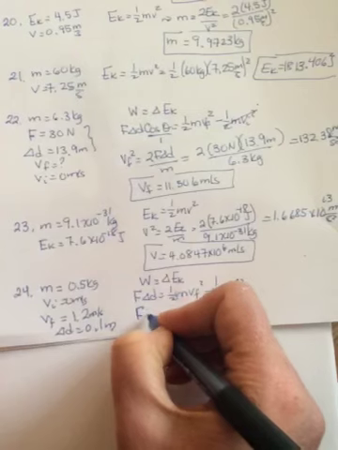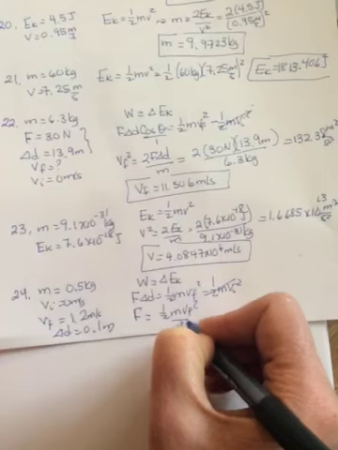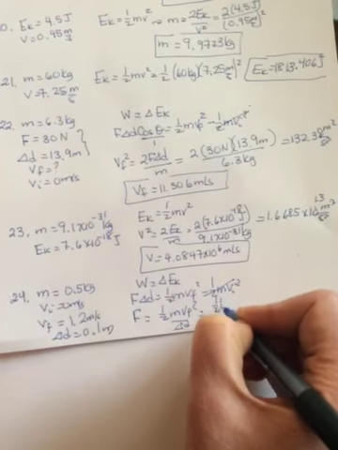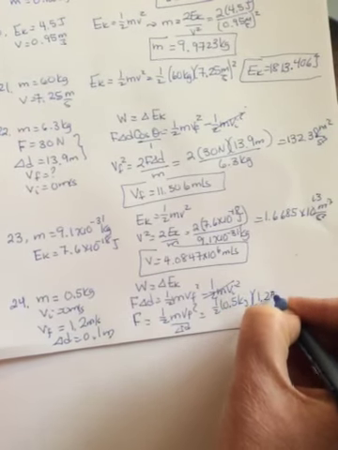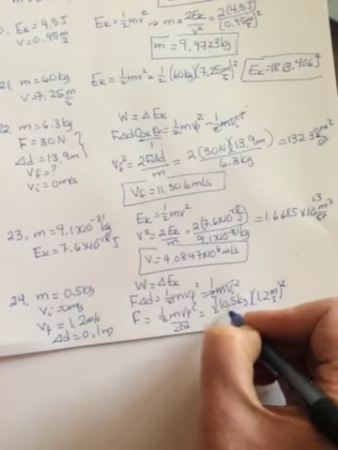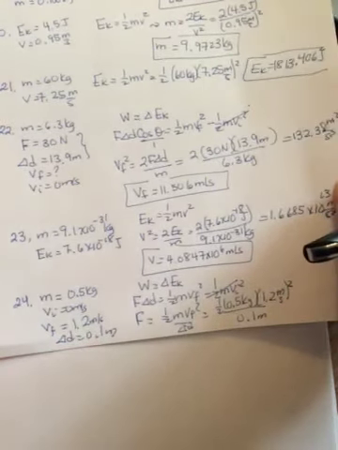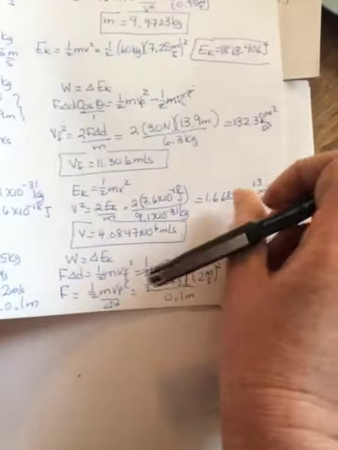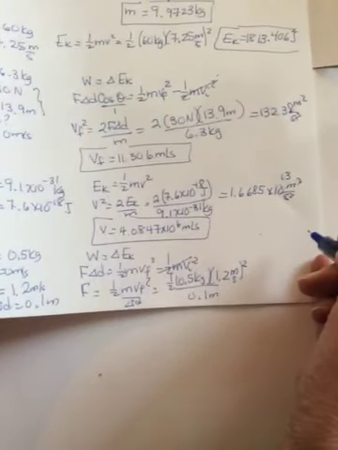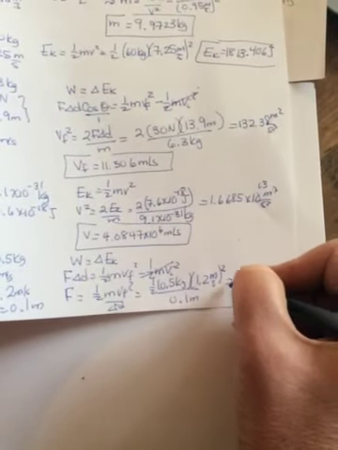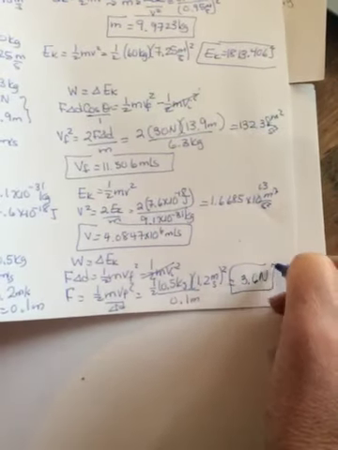We're looking for F. So F equals 1/2 m vf squared over delta D. So 1/2 of 0.5 kilograms times 1.2 meters per second squared over 0.1 of a meter, 1.44, 0.72, 0.37, so I think it's 3.7, maybe 3.6, 72, yeah, it's 3.6. So 3.6 newtons should be our F.